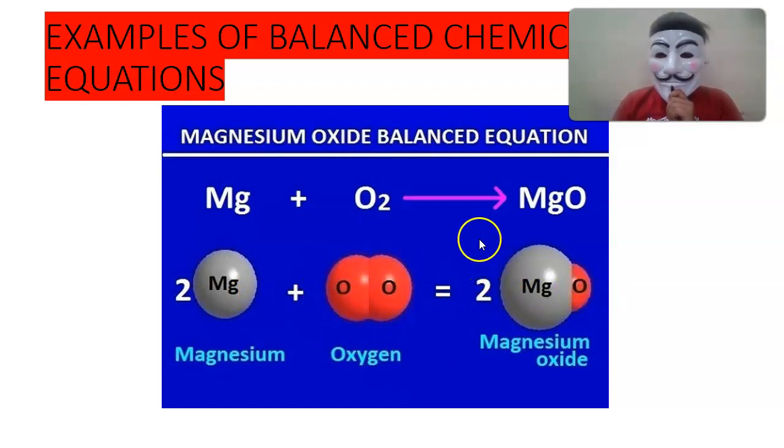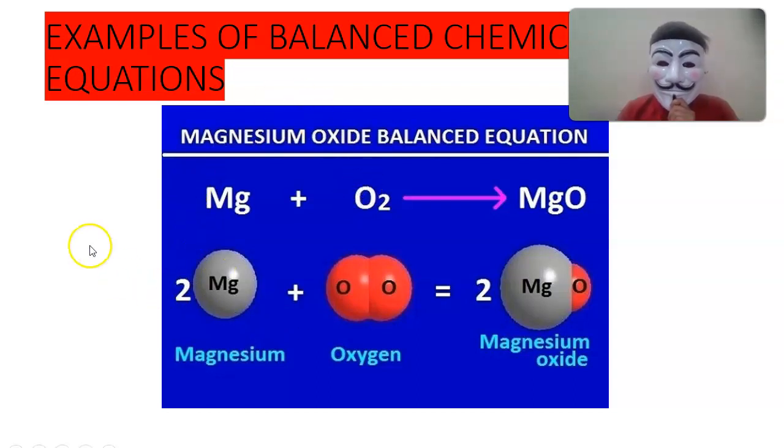So 2 will multiply by magnesium and 2 will also multiply by oxygen. So we get 2 magnesium and 2 oxygen on both sides. It is that easy. We just have to see that the number of each element is the same on both sides. So let's go ahead and see another example for the same thing.